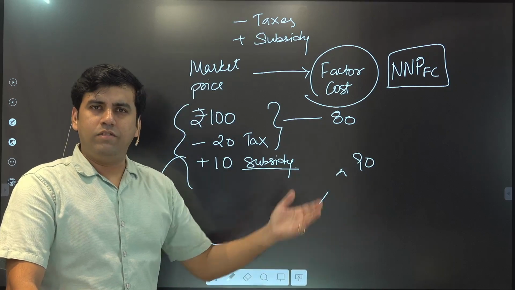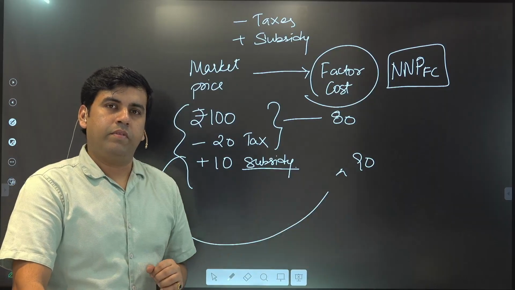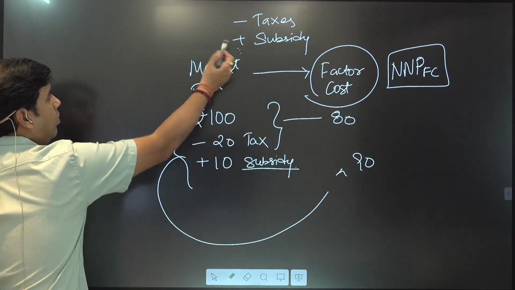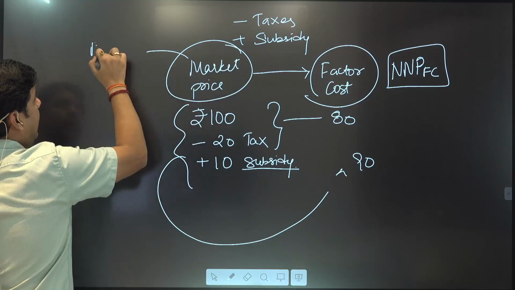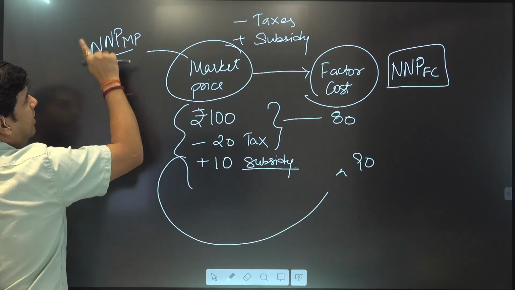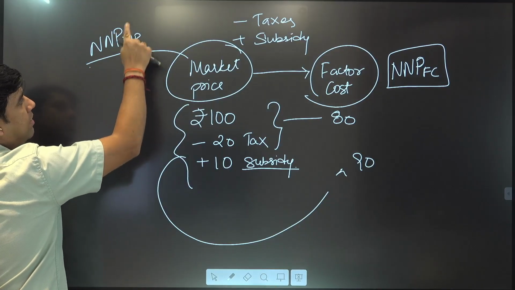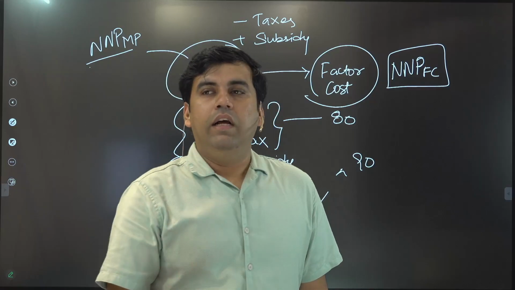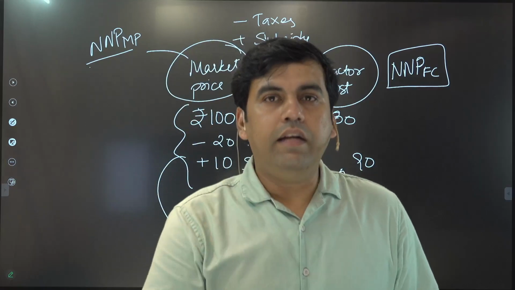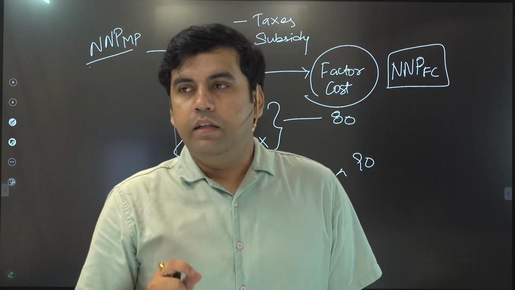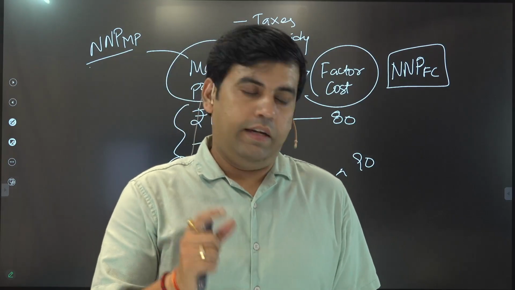We have already discussed organized and unorganized sector. So in this consideration, government says we will now follow NNP MP, net national product at market price. This is your final national income.